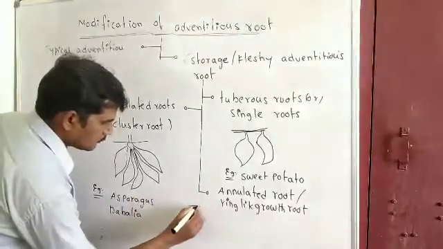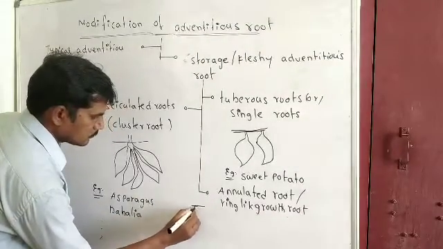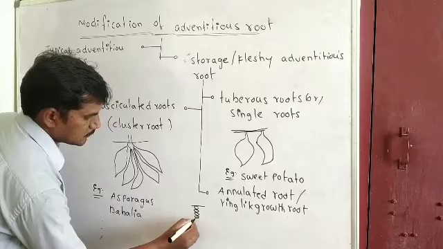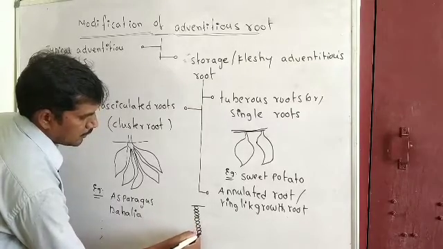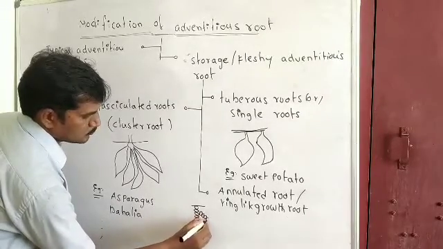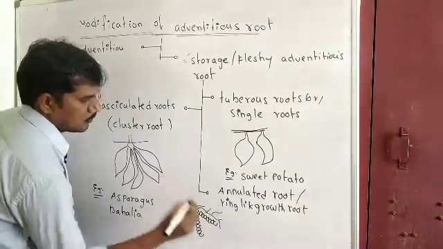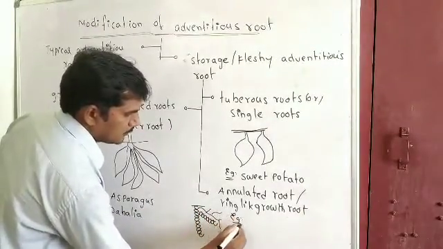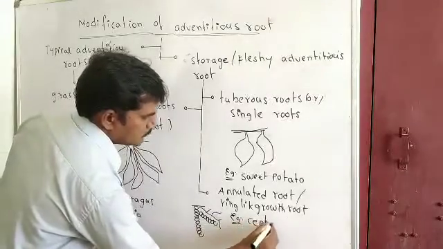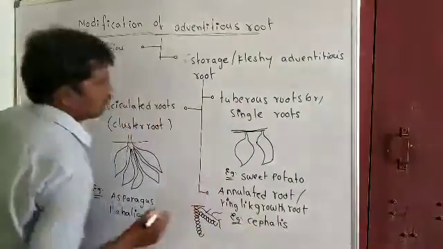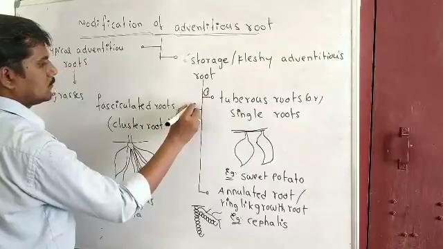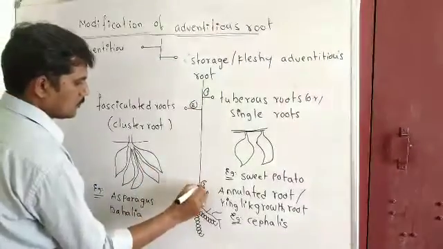See the diagram also. They form ring-like structures, called annulated roots. Example for this one, important: Cephalis. Yes, first one, second one, third one.